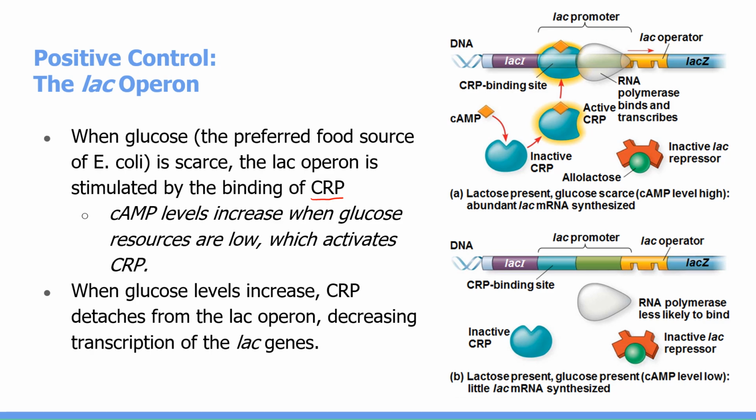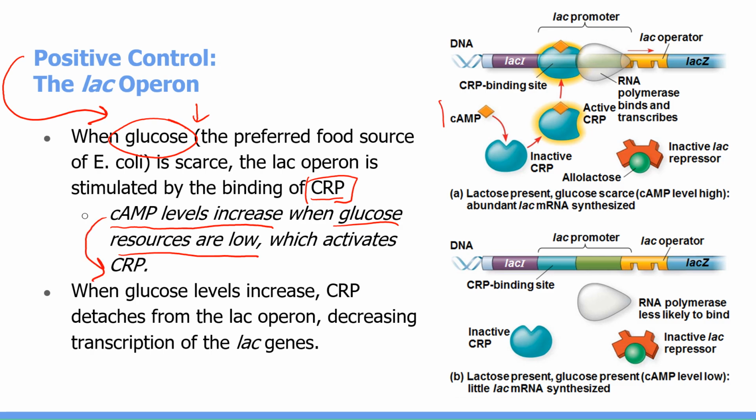So again, let's recap there real quick. For this positive control, glucose is low. Again, the lac operon is stimulated because CRP is activated. The cyclic AMP levels increase when glucose resources are low, and this cyclic AMP activates the CRP. And so we see here visually that cyclic AMP binds to this inactive CRP.